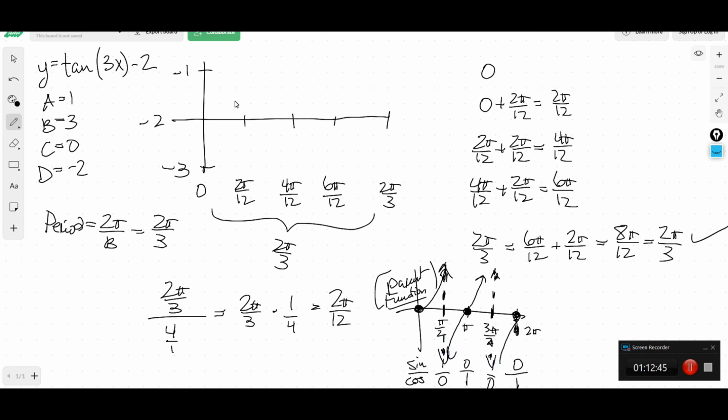So I'm going to do the same thing here. Because I've already done my key points, this is the really beautiful thing about this setup, is that I don't need to think anymore about what's actually happening. I just transfer these special points. So I know that there's an asymptote here, and there's an asymptote here.